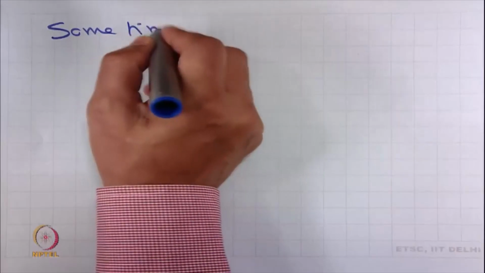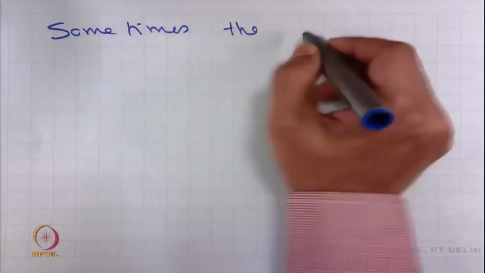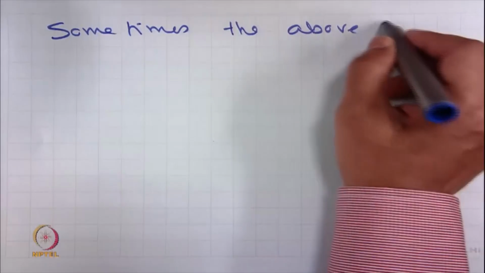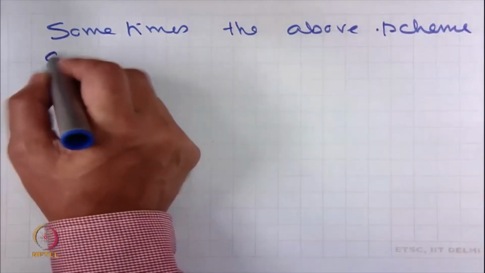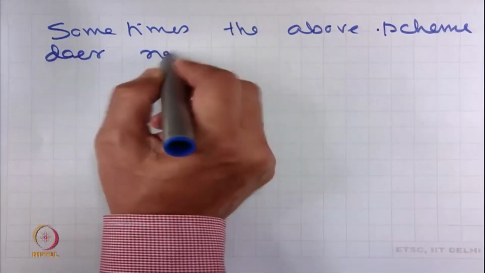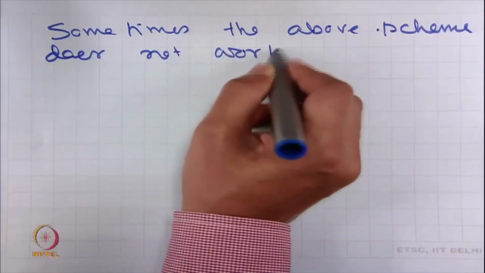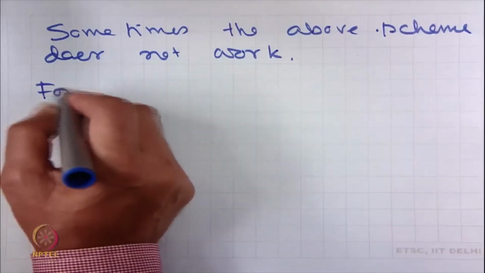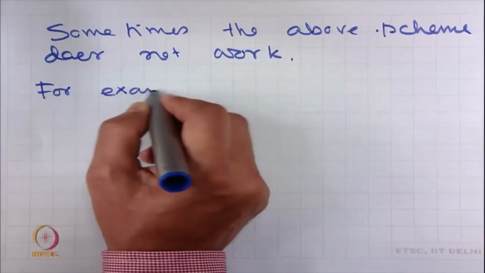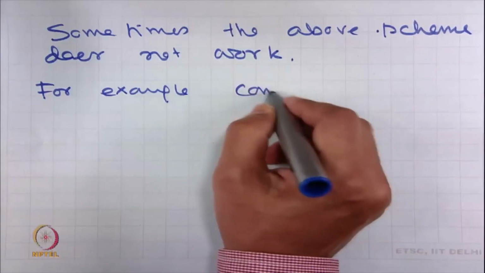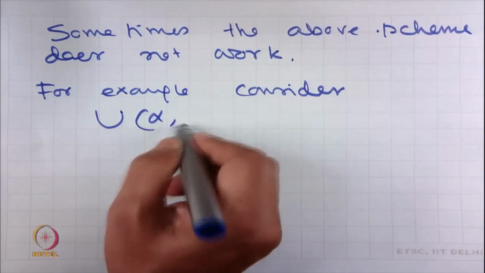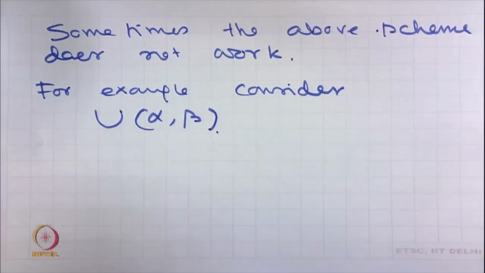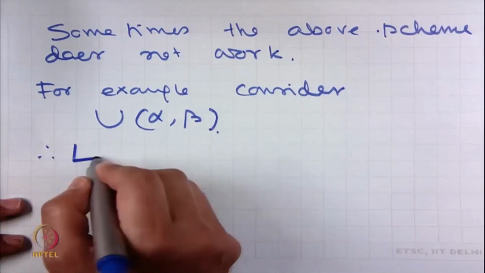Sometimes the above trick or above scheme does not work. For example, consider uniform alpha beta.